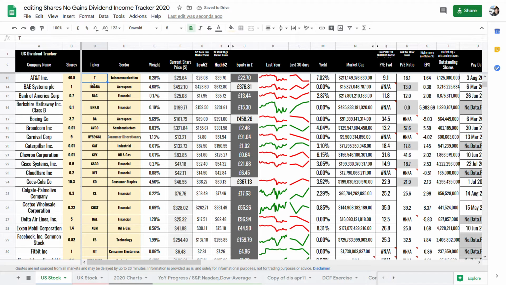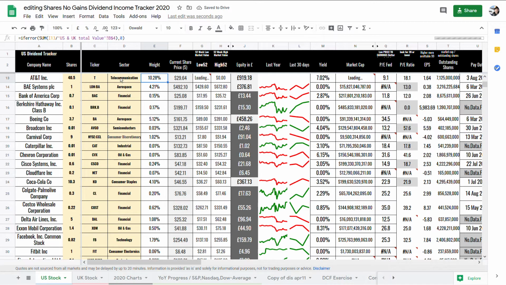Same thing, if I change the ticker, let's change it to Boeing, so BA Boeing, the name is going to change and all the data relating to it. So it's all automated, which makes it a lot easier for me to track and make better investment decisions.